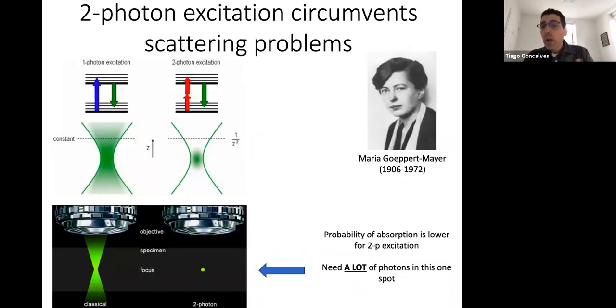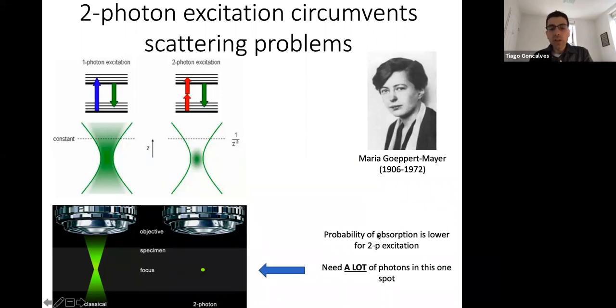So the second way that you increase your resolution and you deal with having this thick sample of tissue is you do optical sectioning. And there's different ways of doing optical sectioning. For different reasons, multiphoton microscopy is probably the best way of doing optical sectioning in deep tissue.